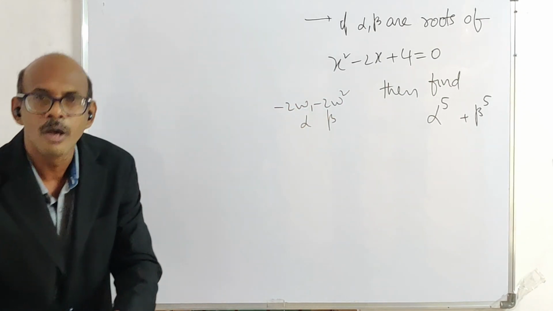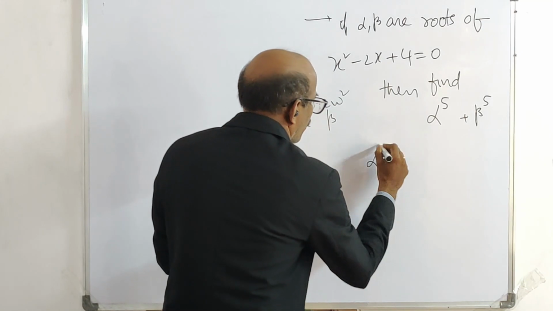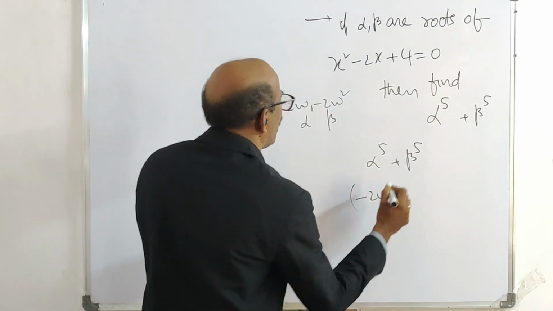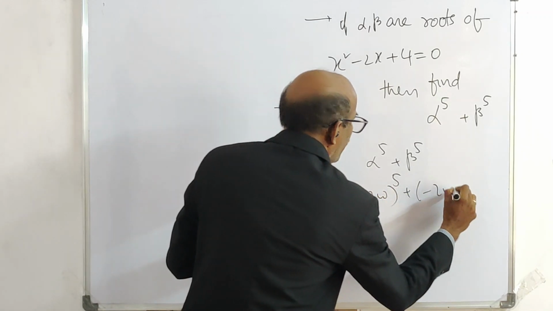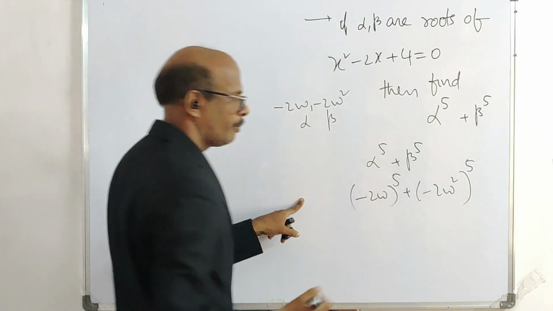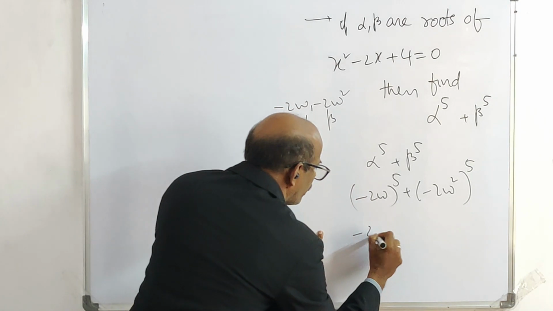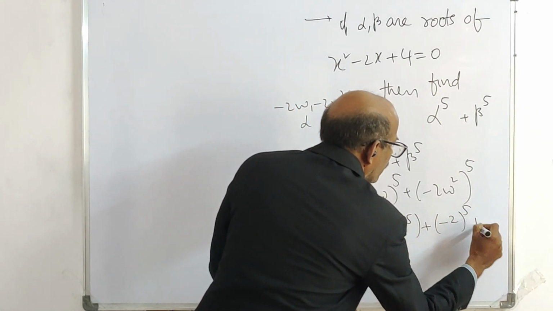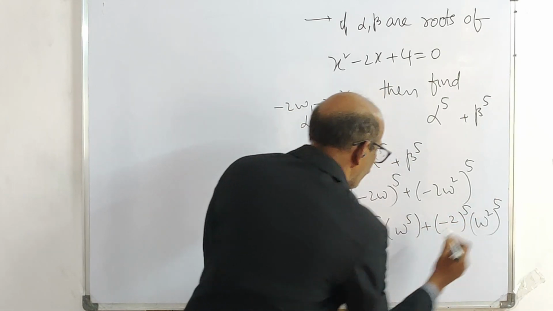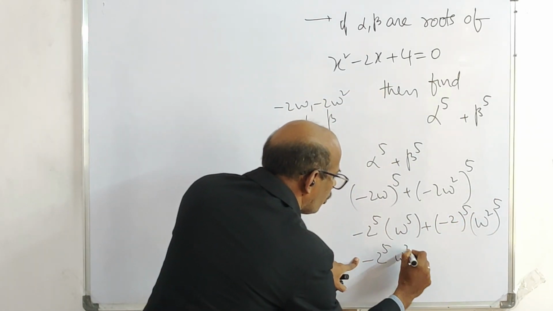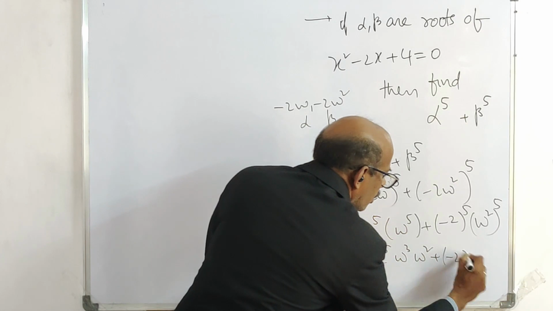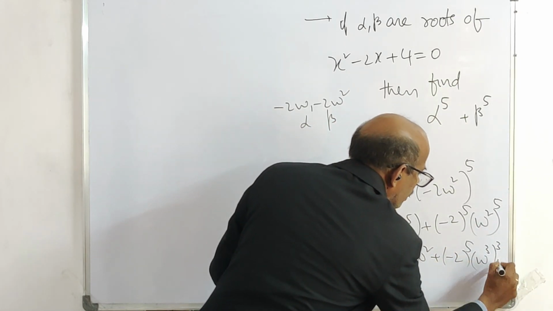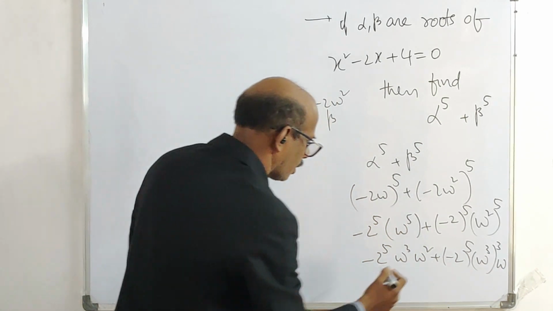Now I go by putting this in our requirement to get the output. Alpha is minus 2 omega to the power 5, beta is minus 2 omega square to the power 5. Concentrate, don't deviate. It will be like this, omega square to the power 5. So omega cube into omega square. It will be omega power 10. I think omega cube multiplied by omega power 10.